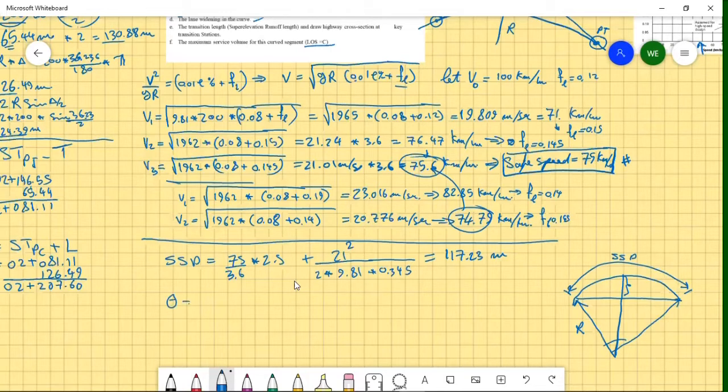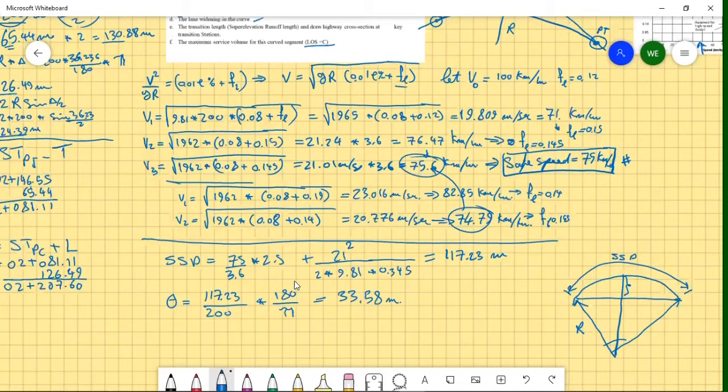So theta equals 117.23 divided by R. The radius in this problem was 200 meters, multiply 180 divided by pi, equals 33.58 meters.